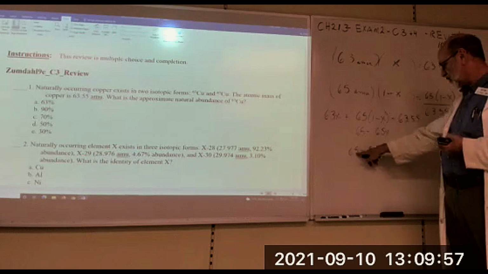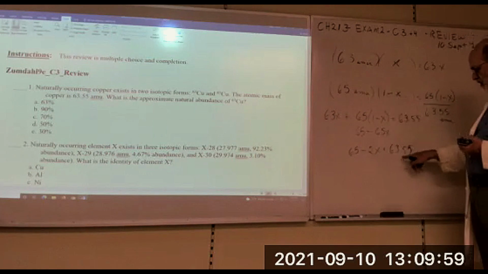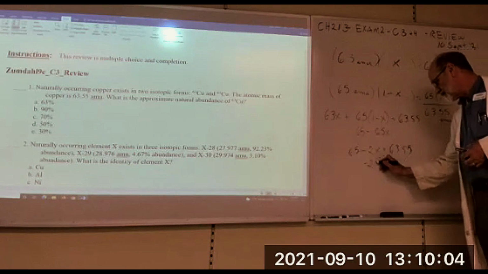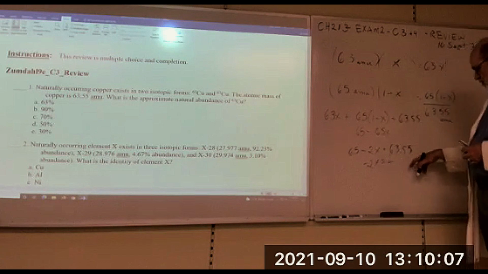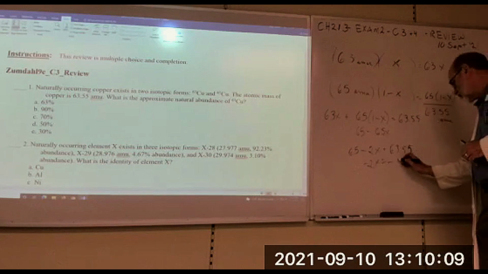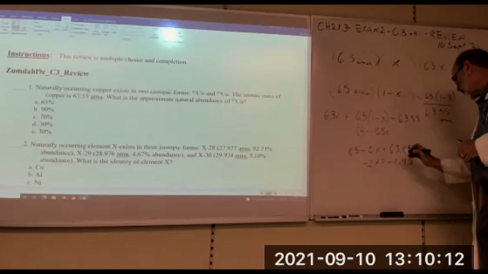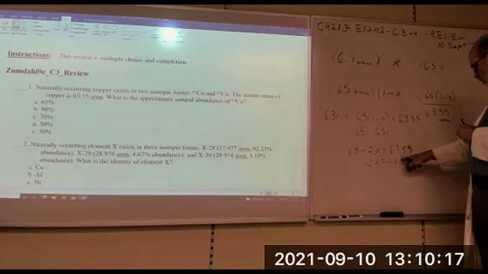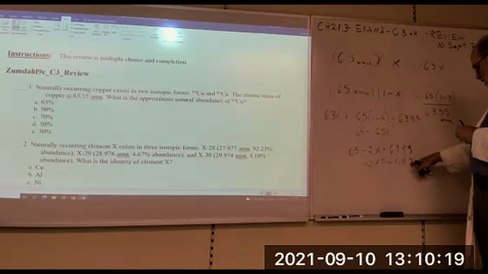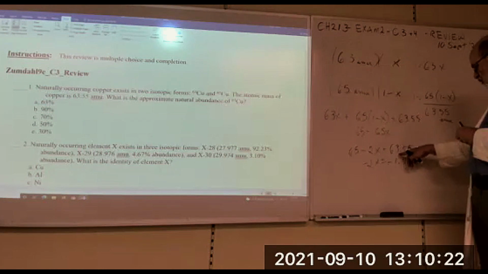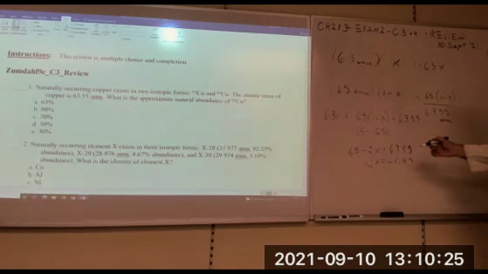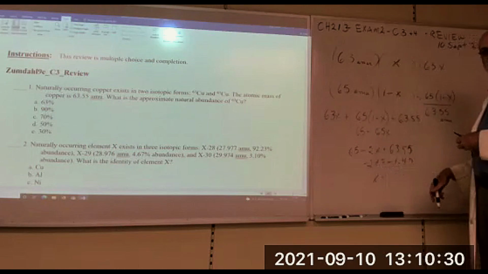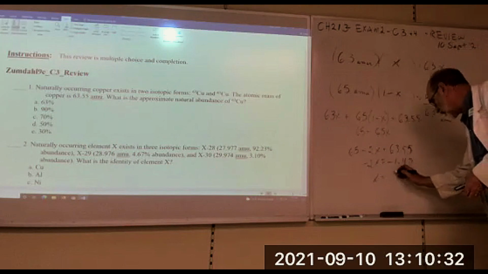So if we leave this one here and put this one over here, this minus that is a minus 1.45, correct? 5 minus 5... 1.45, yeah, that's right. Now X is going to be this one divided by 2. And since they're both negative, we get a positive number, right?